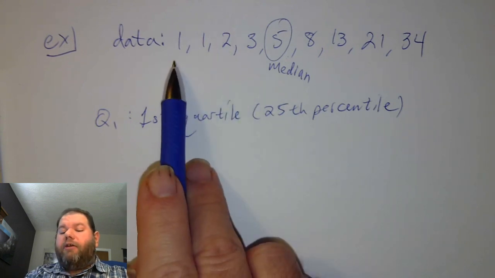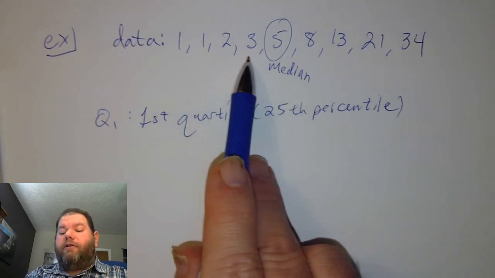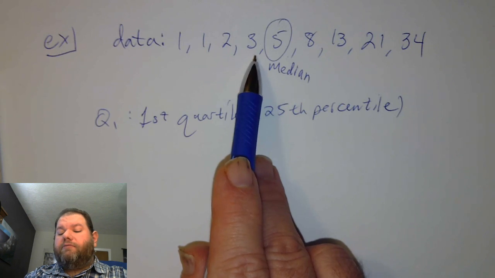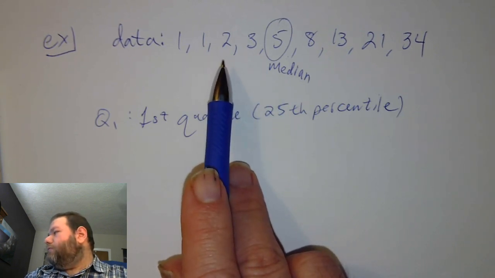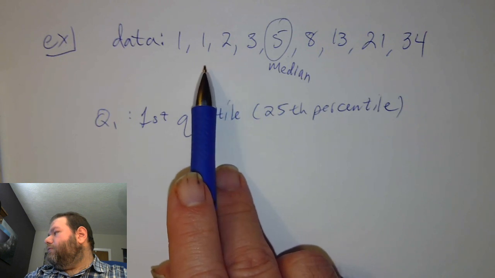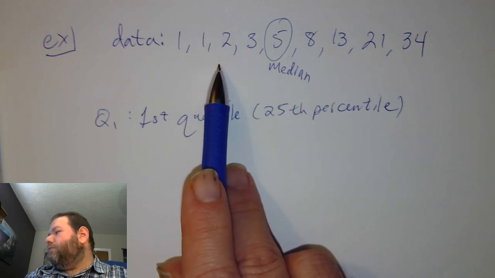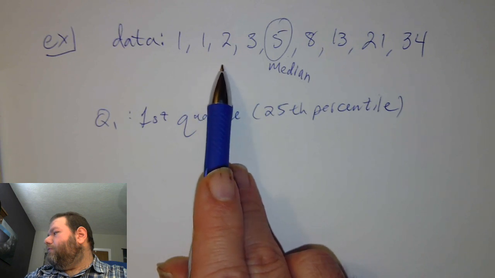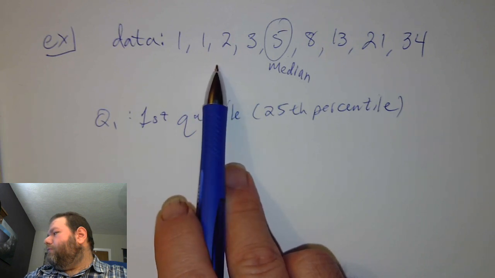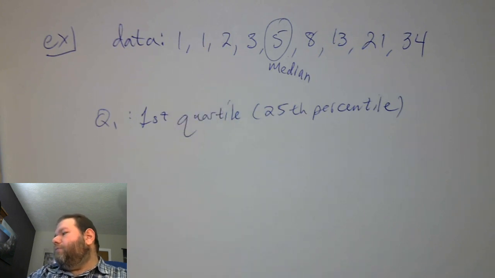So what would be the median of these four numbers then? 1.5, yeah.